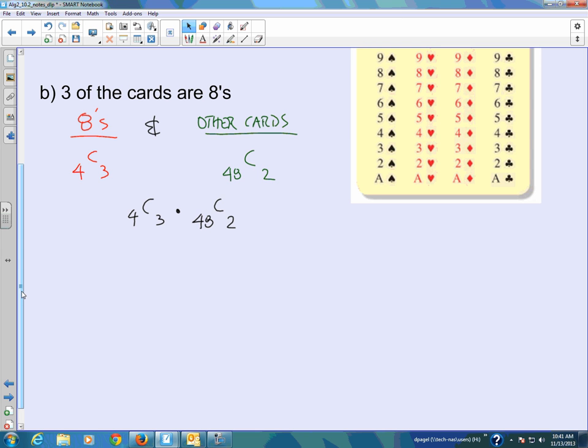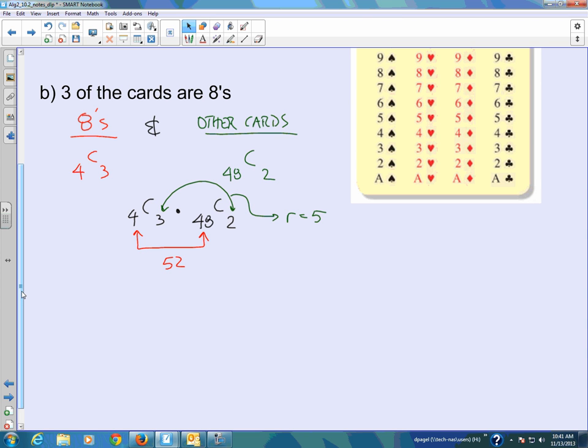It might be worth pointing out here that the n values of these 2 categories add up to the 52 total cards in the deck, and the r values add up to the 5 that we need to have in our hand.